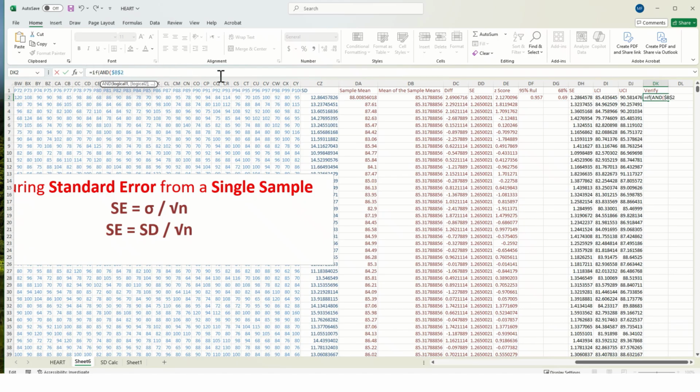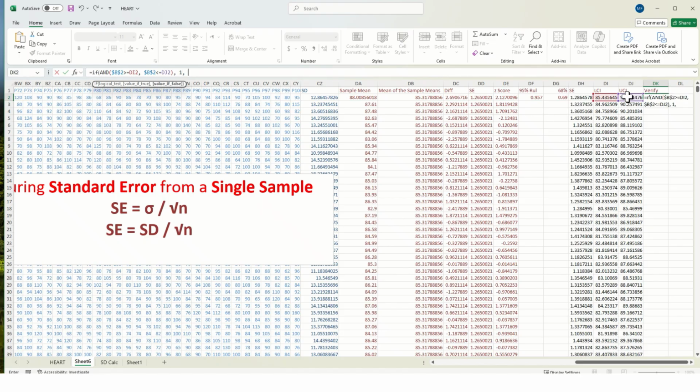If this value is greater than or equal to the lower confidence interval, and this value is smaller than or equal to the upper confidence interval, then Excel, please give me 1.